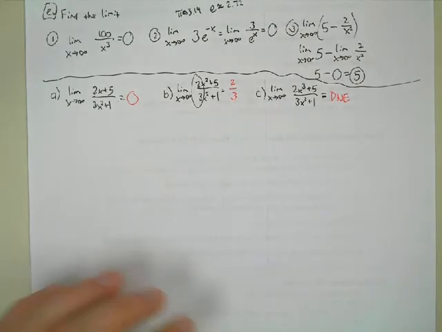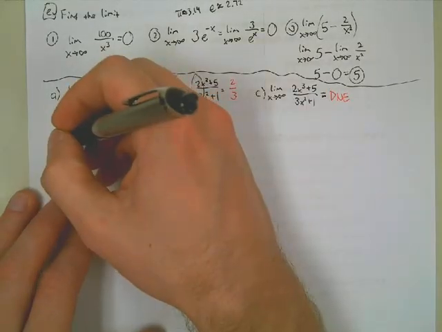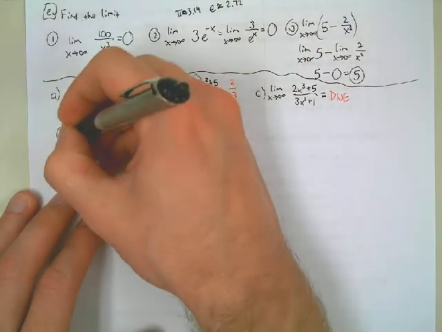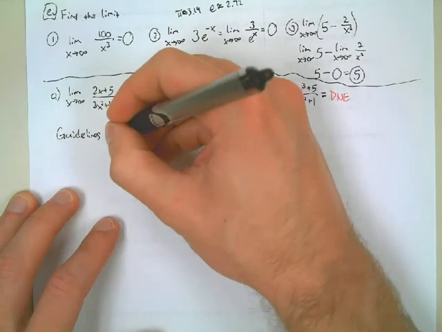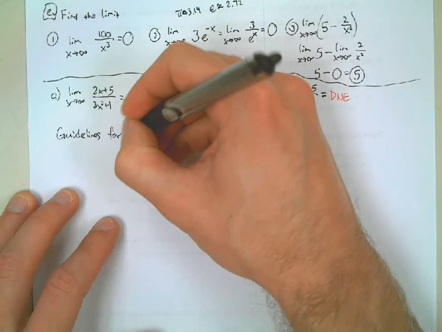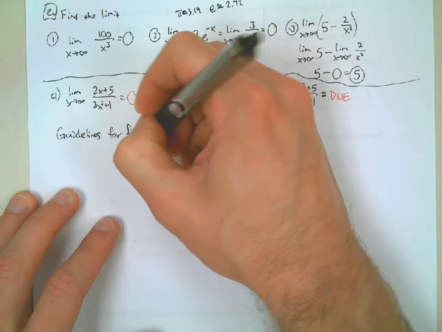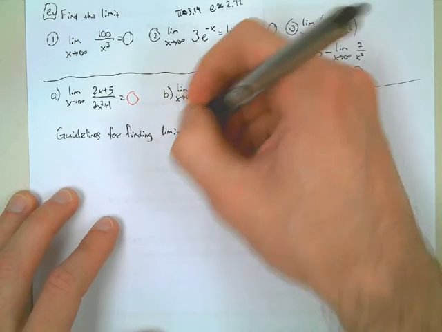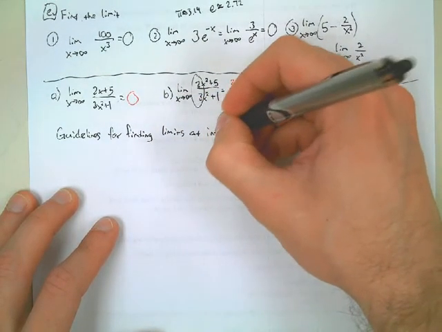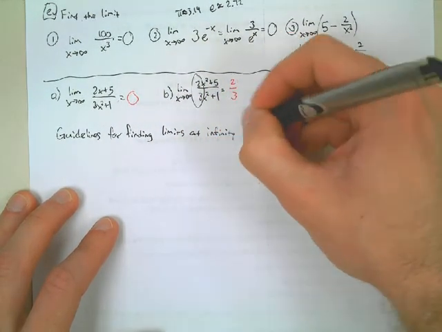I'm going to try and quickly write some guidelines down here, and we'll see if I can get it in. All right, so guidelines for finding limits at infinity for rational functions. Ooh, that's a lot there.